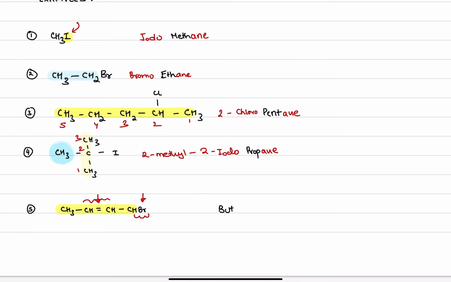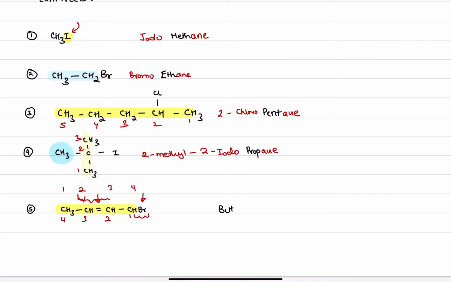Now, I would have said this is butane if there was no double bond over here, right? But as I can see a double bond, I really need to mention it as well. And so what I will do is, now also make sure that you can number this as you want. So this is 1, 2, 3, and 4. Now even if you go in this way, 1, 2, 3, and 4, the problem with that is that this carbon, yes, gets number 2.